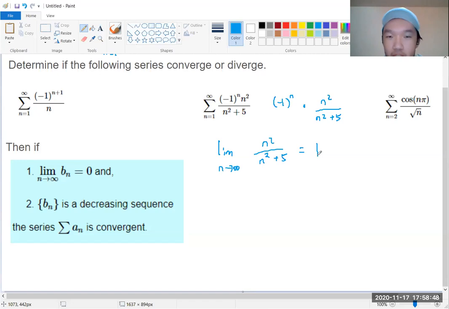So what does that mean? Divergence? Inconclusive? It means nothing.